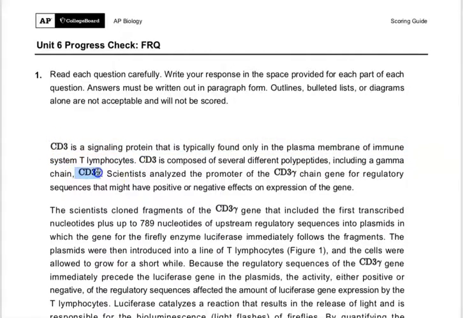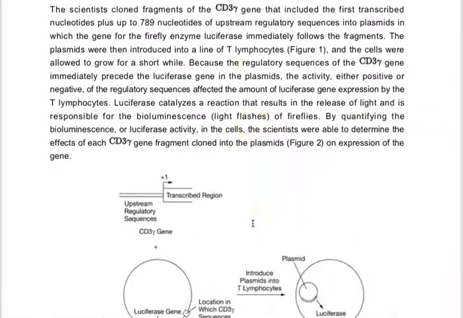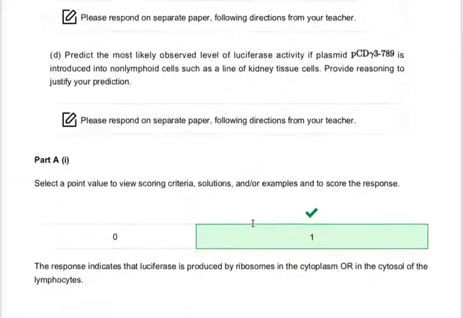If you insert this gene sequence into a cell that is not an immune system cell, you will not be able to produce the signaling protein CD3. You cannot produce it because your raw material will not be found in other cells. Okay, so this one was actually a pretty easy answer if you think about it.